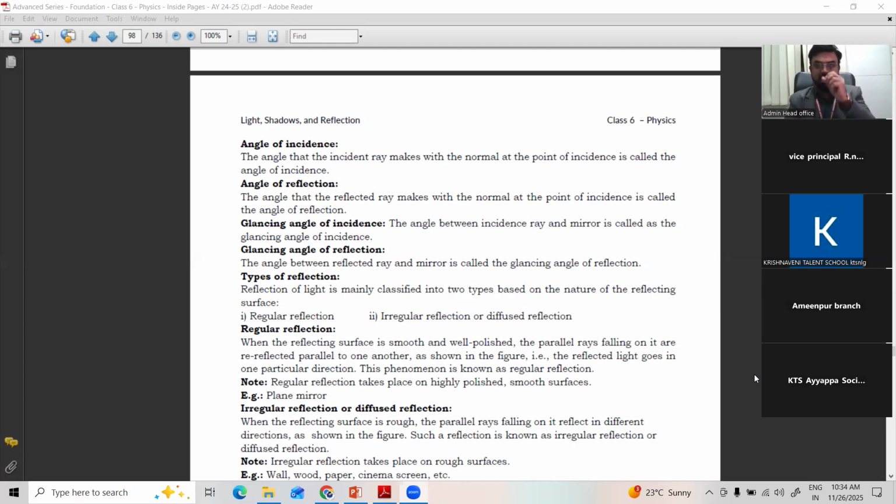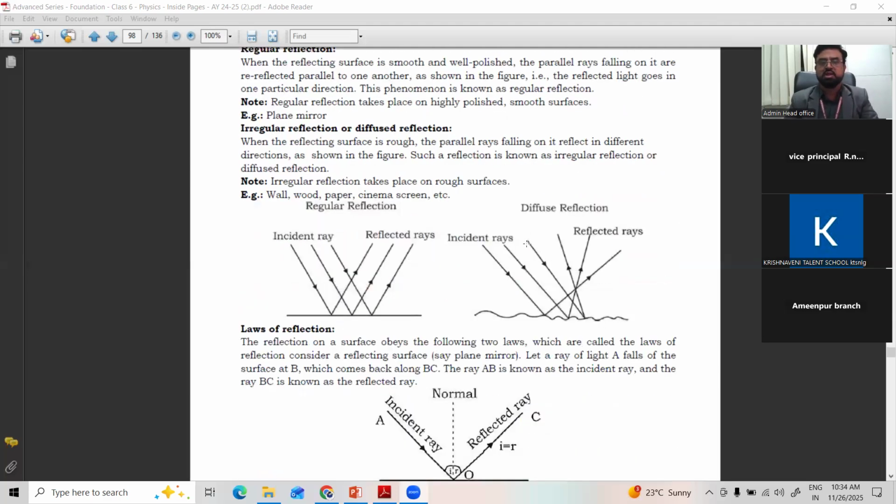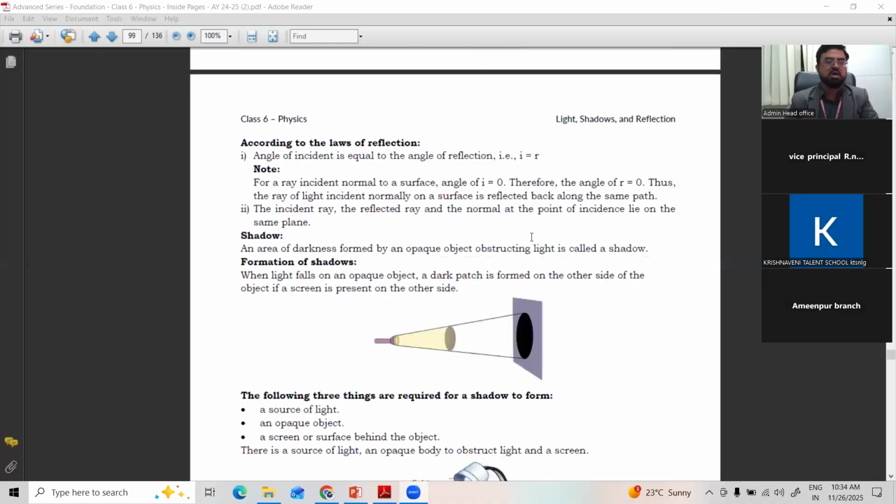The surface or medium must be opaque, then only does the reflection process take place. When studying reflection, we come across many terms: incident ray, point of incident, reflected ray, point of reflection, angle of incident, angle of reflection, grazing angle of incident, grazing angle of reflection. All these are the terms we'll discuss. We'll continue the same in the next class where we left off, that is, the types of reflections.